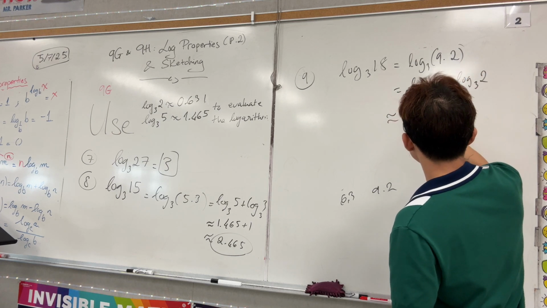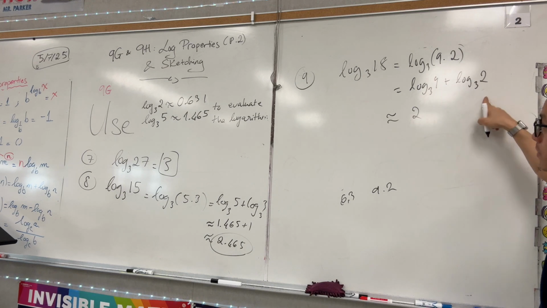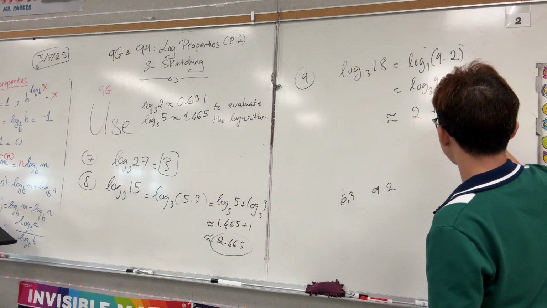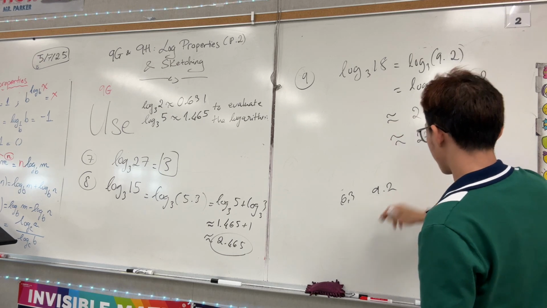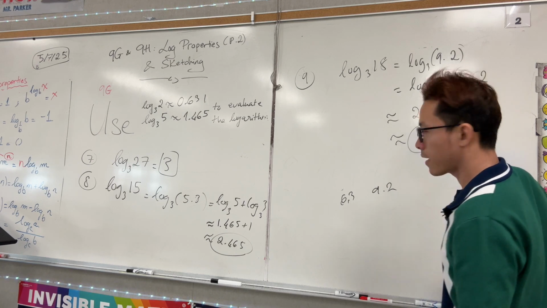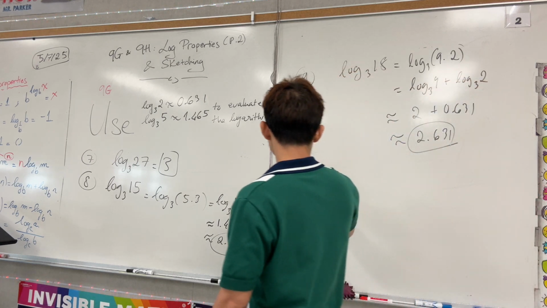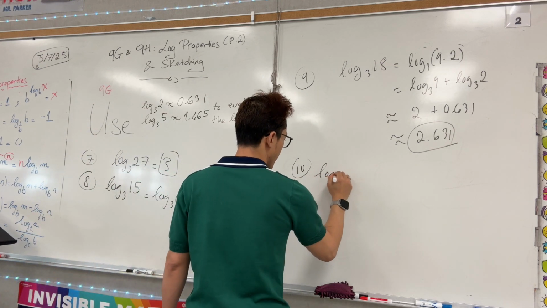Log base 3 of 9 is 2 because 3 squared is 9. And log base 3 of 2 they gave you already, 0.631. So that gives you 2.631. To figure it out, like a detective, you want to figure out how you're going to make it appear.